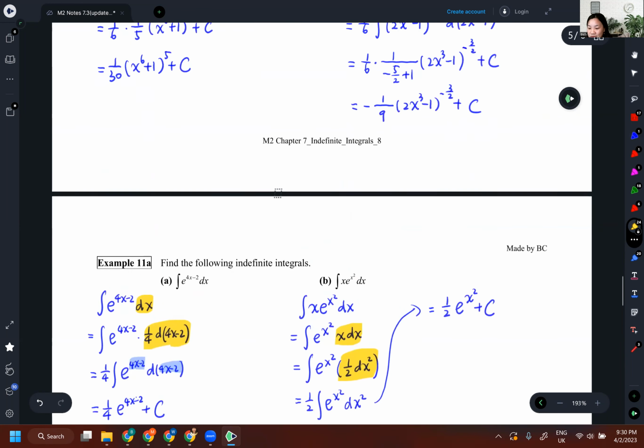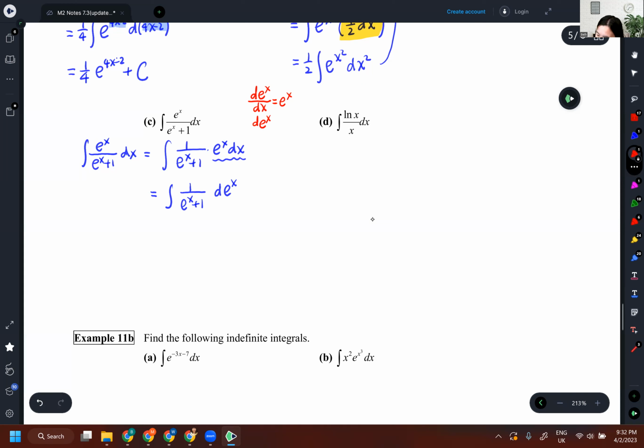That is my substitution. This is new because previously we never did this. Do you know that e to the power x dx is d e to the power x? This is true because we know the derivative of e to the power x is e to the power x. I write this part in red: d e to the power x over dx equals e to the power x. Therefore, d e to the power x equals e to the power x dx.